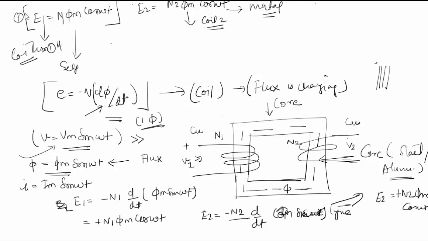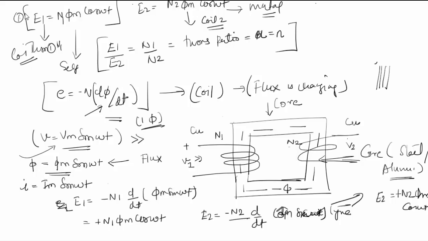So we can say that if we divide E1 by E2, it will turn out to be N1 by N2, which is known as the turns ratio, equal to A, or small n, whichever symbol you are using. This is known as the turns ratio of the transformer.